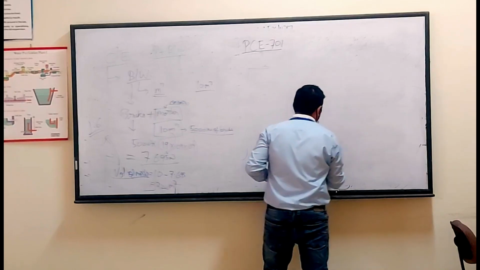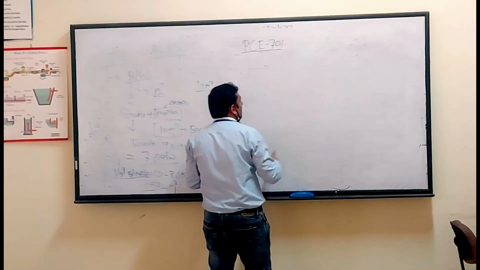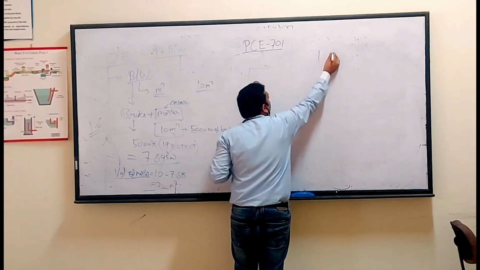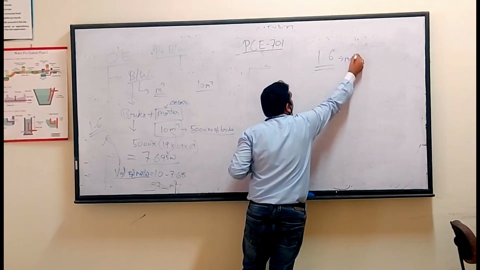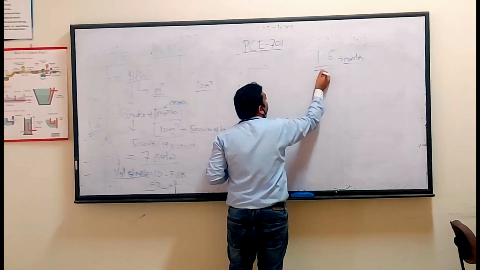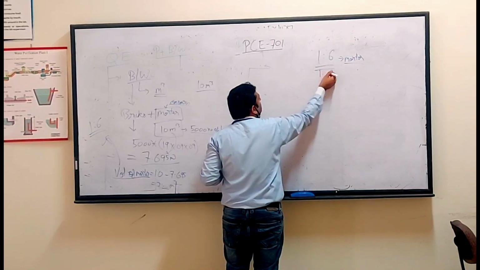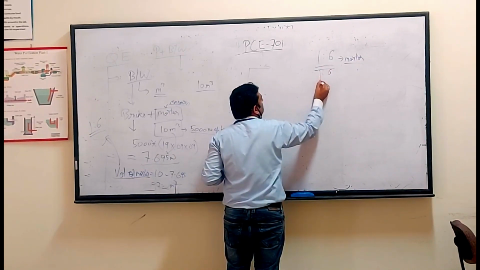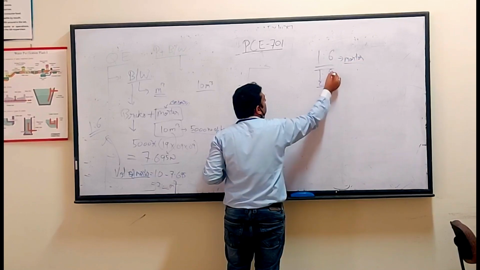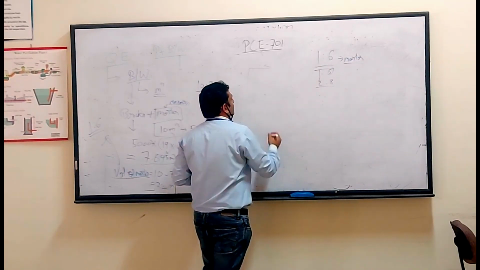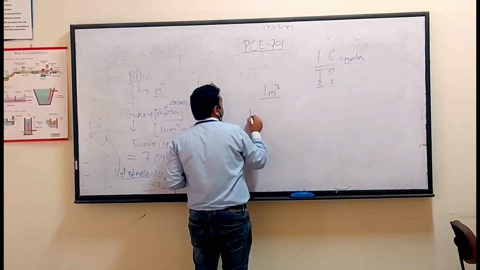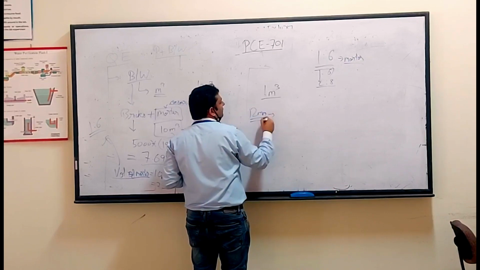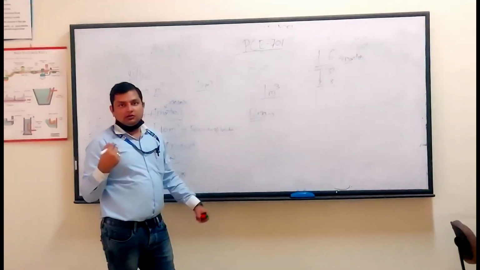Again, we will take an example. If we have 1:6 mortar, a plaster mortar or a masonry mortar, that is 1 portion of cement and 6 portions of sand, this is the meaning of 1:6. Now, if we have 1 cubic meter and the thickness requirement is 12 mm, I have told you to increase this volume by 30%.